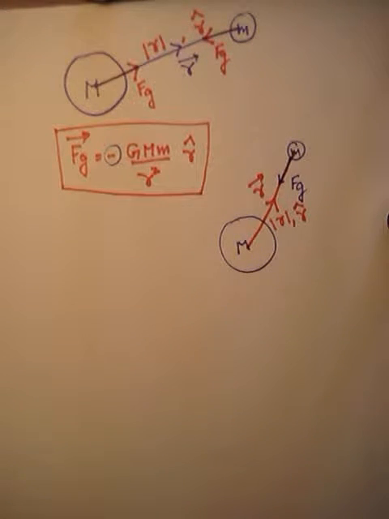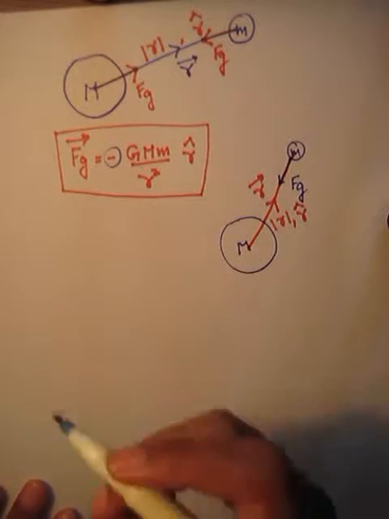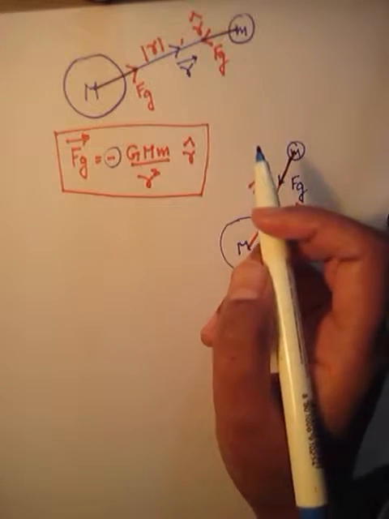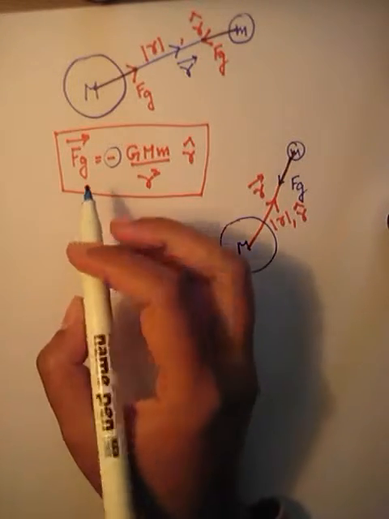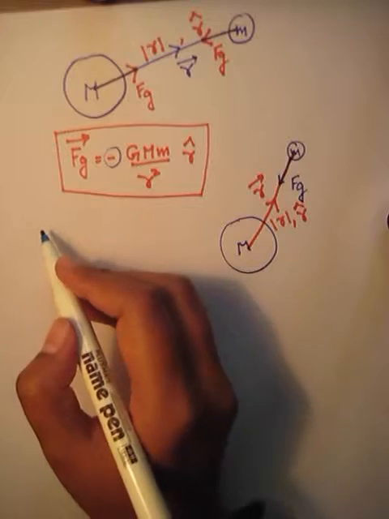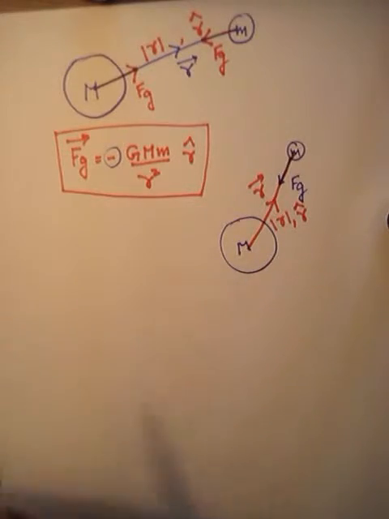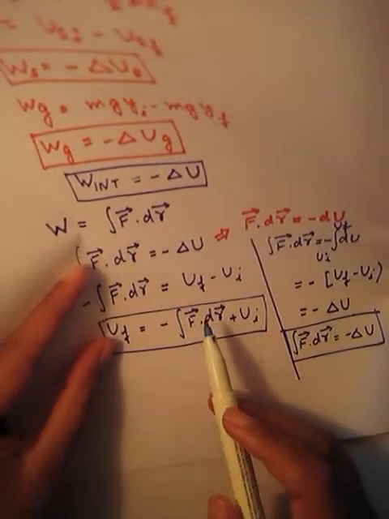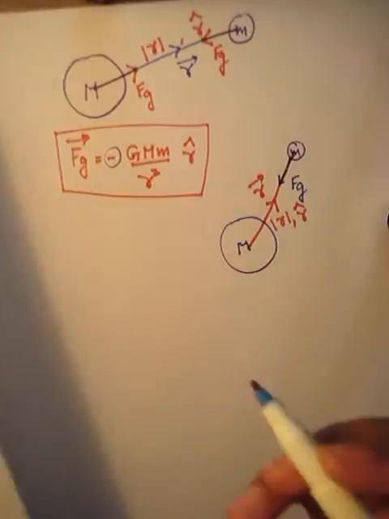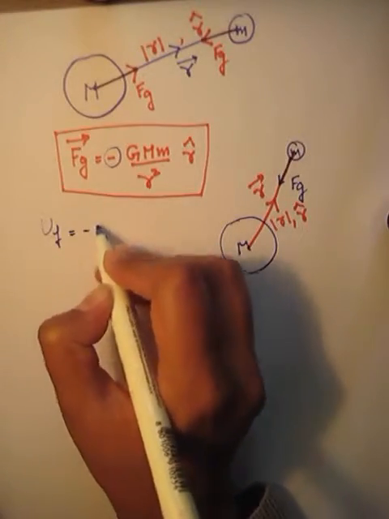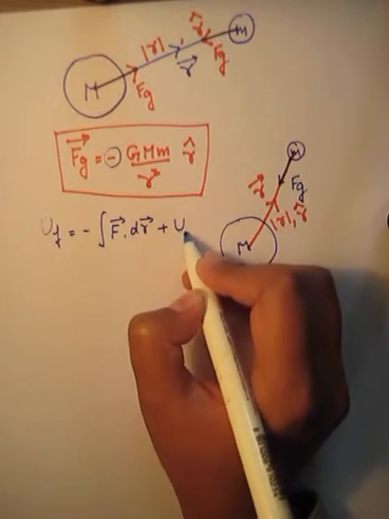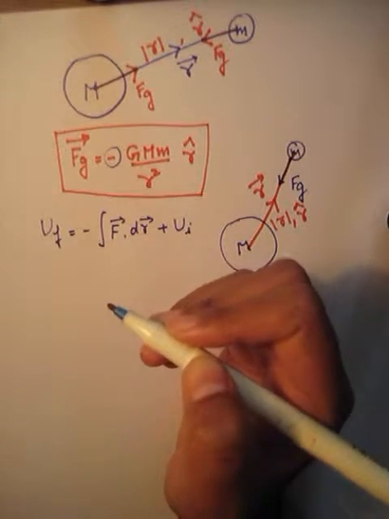Now let us try to find out the potential energy and the relation between this force and the potential energy. We know from the equation which we found on the last page that Uf is equal to minus integral of F vector dot dr vector plus Ui.